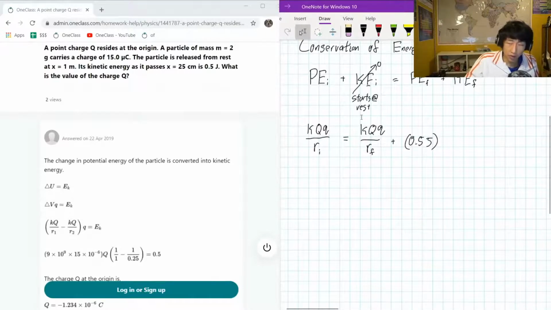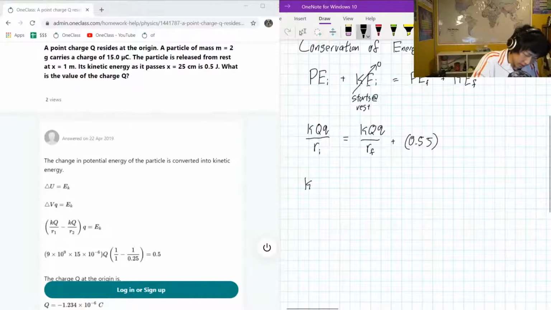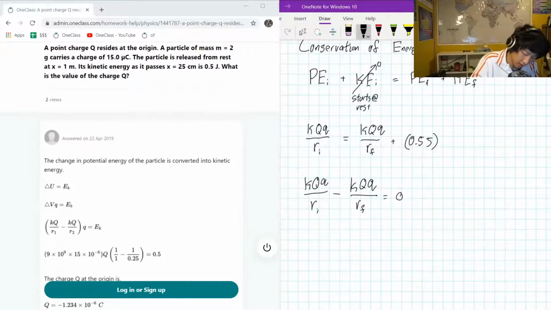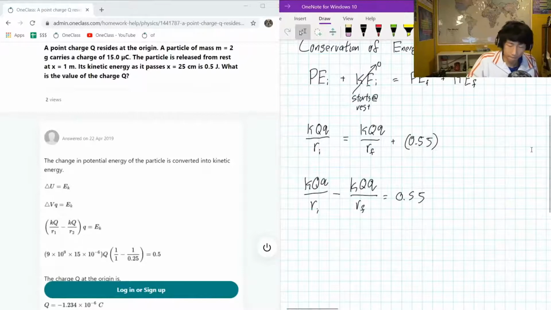Okay, so let's bring this term to the other side of the equation. So we're going to have kQq over Ri minus kQq over Rf is equal to 0.5 joules. And we want to factor out big Q, because that's what we're looking for.